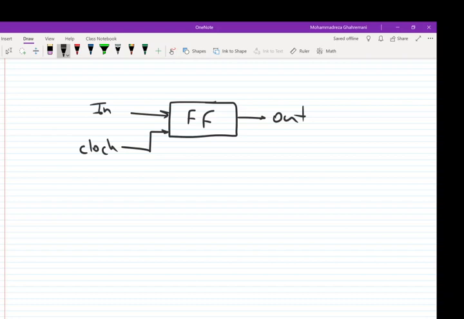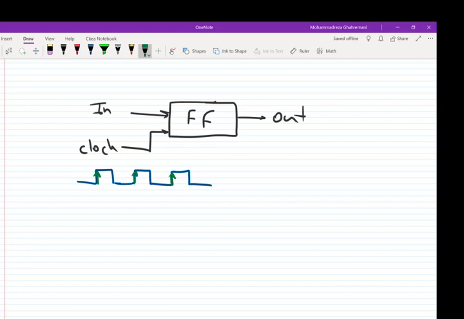So if we assume we have this clock cycle like this, and this flip-flop operates with the rising edge, rising transitions, we see these arrows that I'm showing with green color.